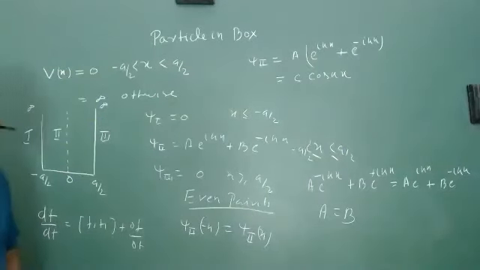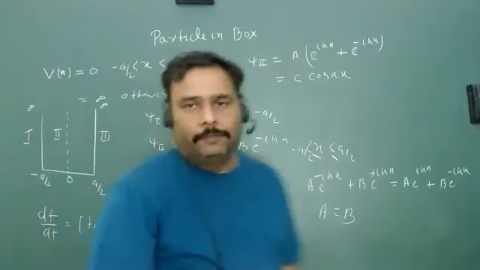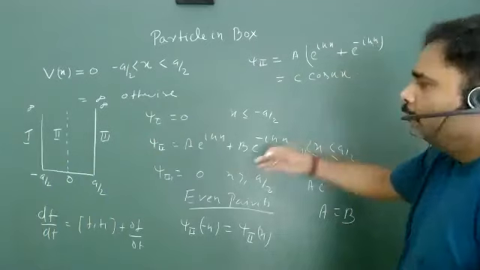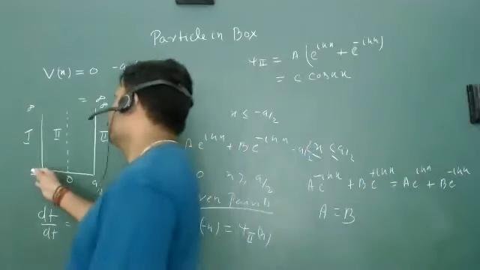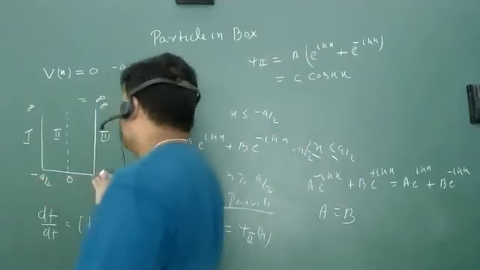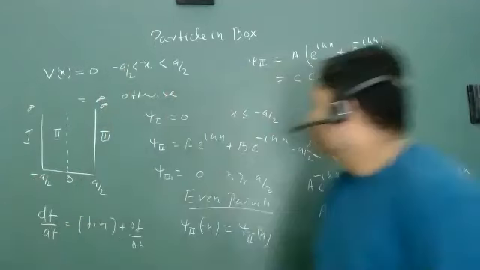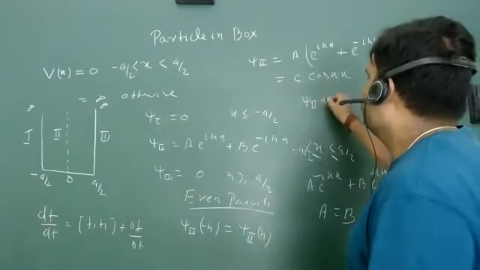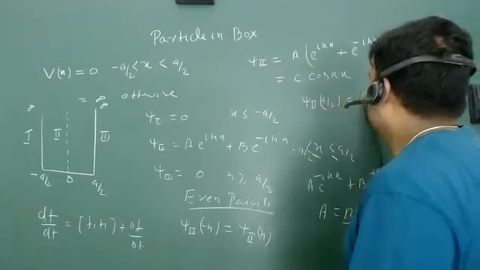The mathematics is ultra beautiful. Just feel this mathematics. And now, obviously, you can check at minus a by 2. Since the potential is symmetric, the behavior at minus a by 2 or a by 2 will be the same. So I can use the boundary condition: psi 2 at a by 2 must be equal to 0.